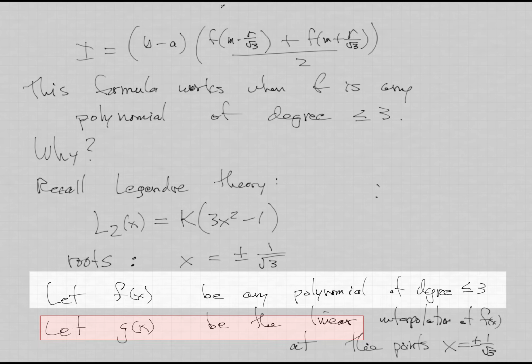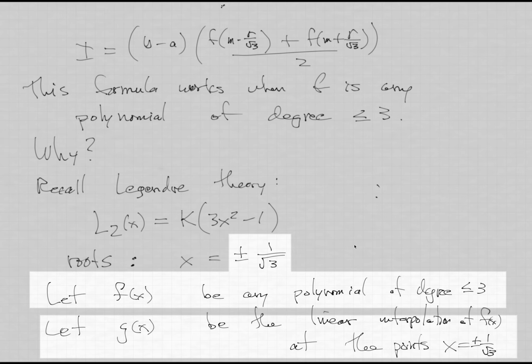And then let's define function g to be the linear interpolation of f, where we interpolate at the 2 sample points at the roots of the Legendre polynomial at plus or minus 1 over radical 3. By the way, now that we're doing Legendre theory, we're going to be focusing on the interval from -1 to 1. I'm sorry, I should have mentioned that. We're assuming for the moment that a is -1 and b is 1, that our integral is from -1 to 1.